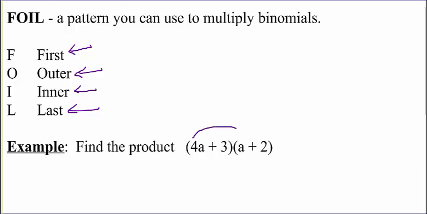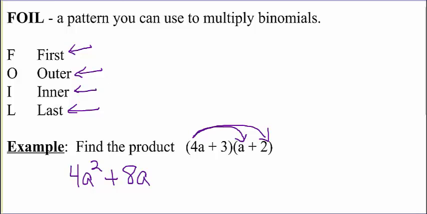So let's use this pattern to multiply. So we have 4a times a, those are the first values in each binomial set, so that would be 4a squared. Then 4a times 2 are the outside values, so that gives us 8a when we multiply them together.